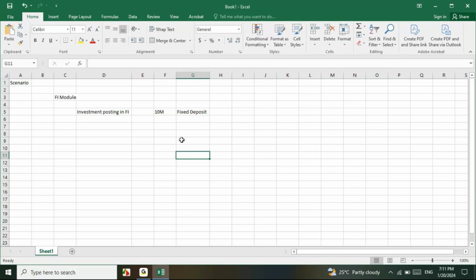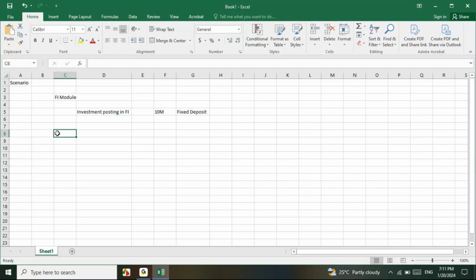So what are the benefits of TRM over FI? The finance manager from the client has asked whether you can do the investment in the FI module and what things are there. I want you all to participate and visualize this.